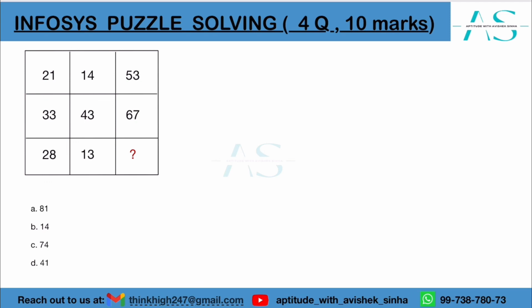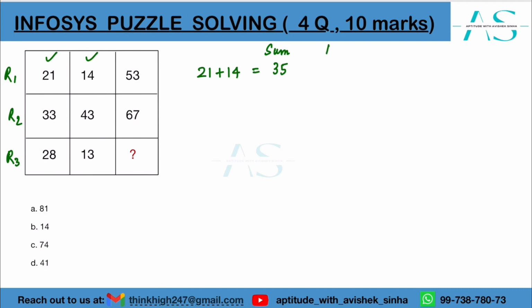Can I see a pattern row wise, column wise? Okay, what if I go row wise? Let's say I try to move row wise. Adding these two, what do I have? What is the number? So the sum value is 35.